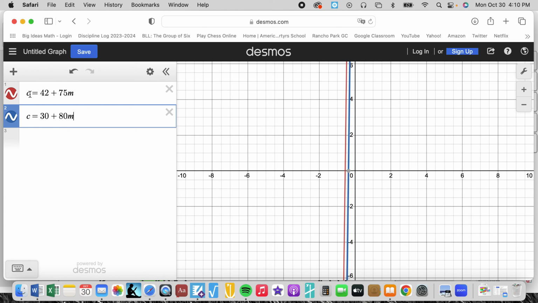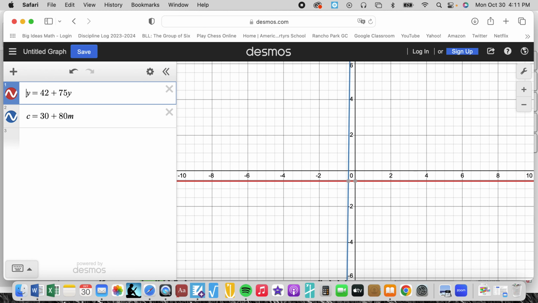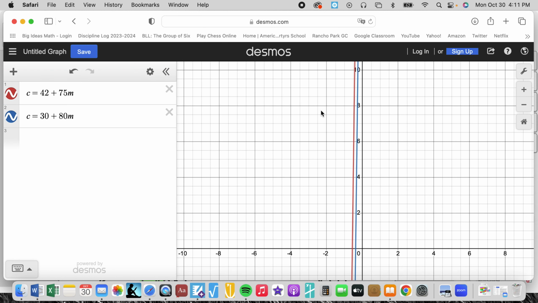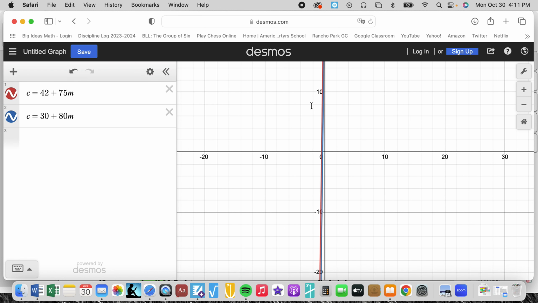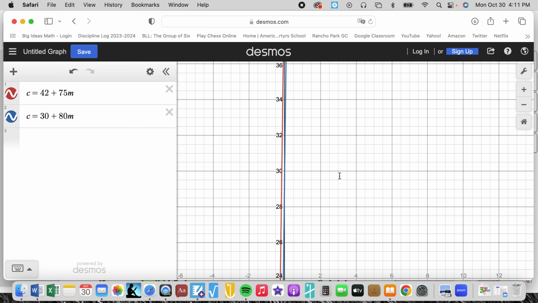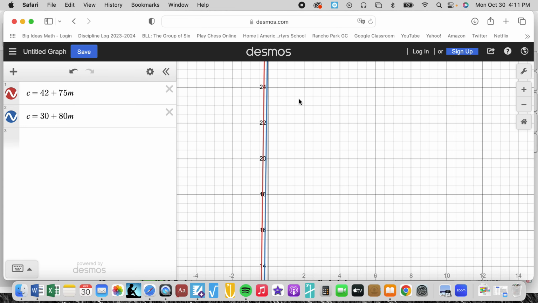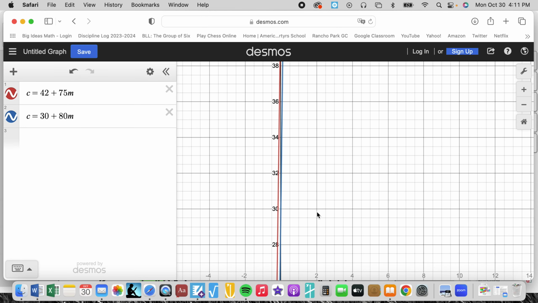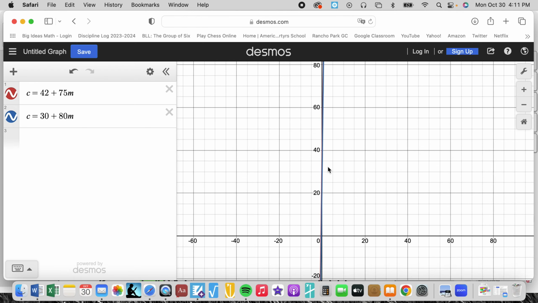Let's switch those. So we can do C and M. All right, that's interesting that we're in the negative space way, way early. But let's do my increments.